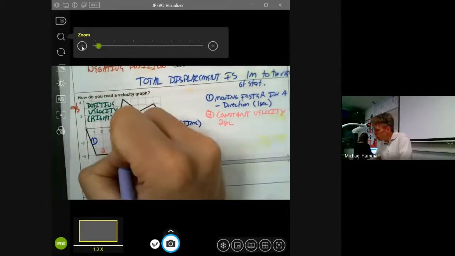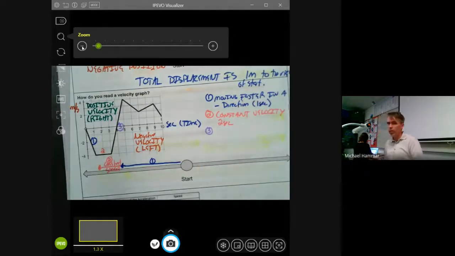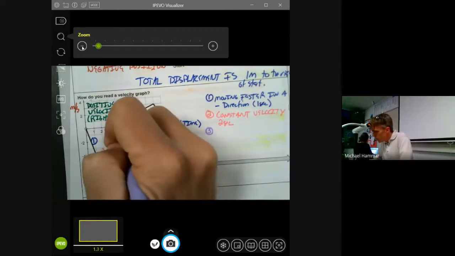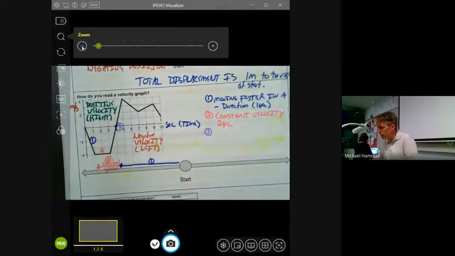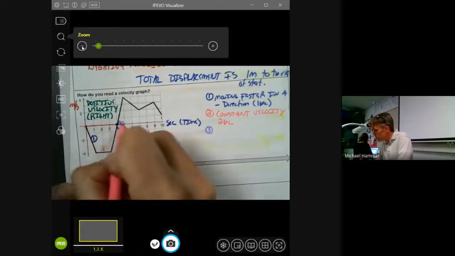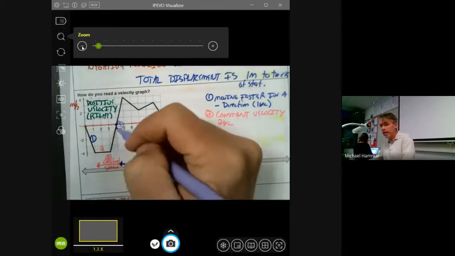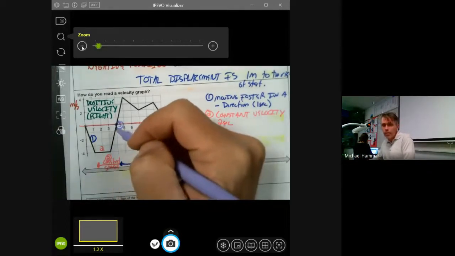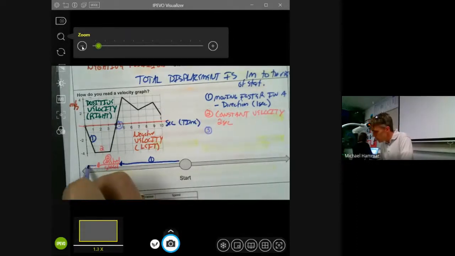Now, let's start adding in the other things. So let's go to part 3. Well, what's happening in part 3? Well, you need to take part 3 in 2 chunks, okay? So the first chunk goes up to this line, and everything for all of these graphs is always going to be based on getting to the x-axis. Notice, the velocities are negative. What that means is we are still moving up until 4 seconds.